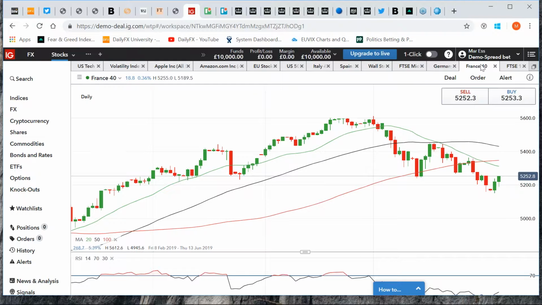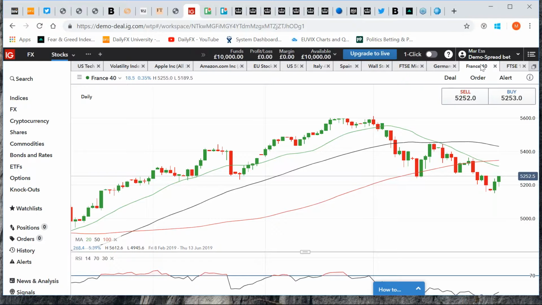Risk is off, sentiment is poor, traders going into safe haven assets, but it looks as though, for now at least, there's just a tiny bit of bottom fishing, I suppose you could call it, and that's despite the economic data that shows manufacturing growth easing in both the US and the UK.